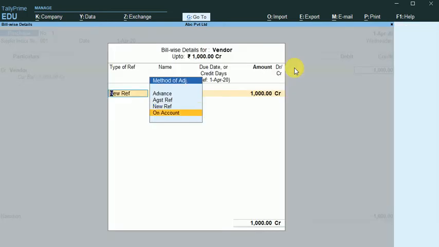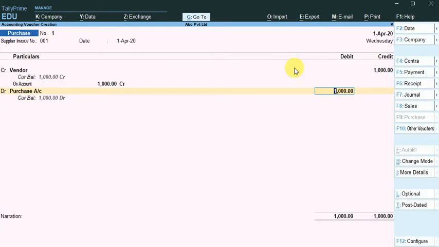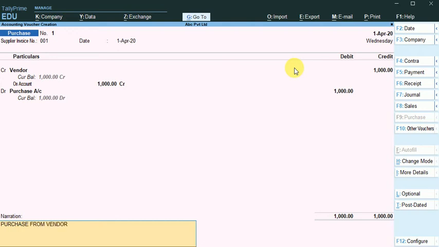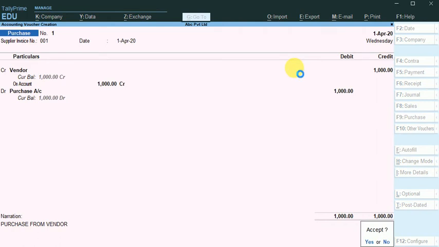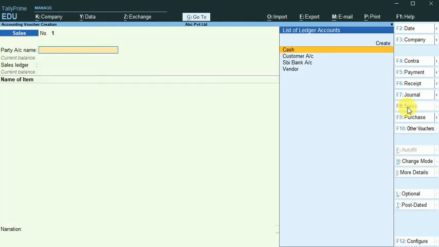Make this as on account. The purchase account will be debited. Narration: purchase from vendor. I'm accepting.